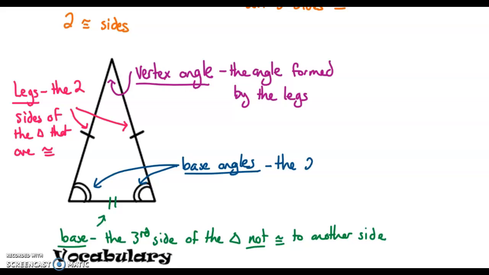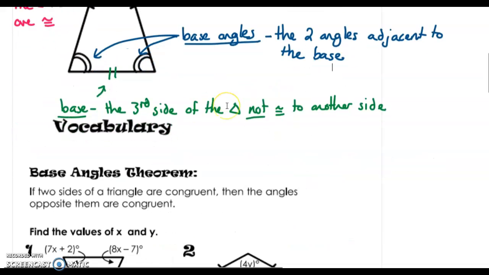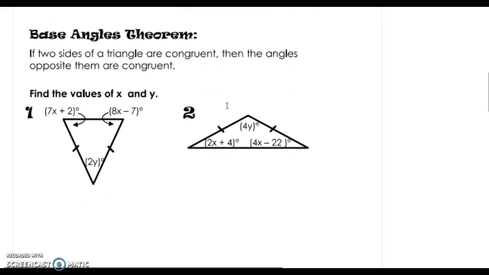So they are the two angles that are adjacent to the base, or that are formed by a leg and the base, and they're going to be congruent to each other. So the vertex angle is the third angle that's not congruent. The base angles are made between one leg and a base, and that's how you get a base angle. All right, so that vocab is going to be very important as we continue.